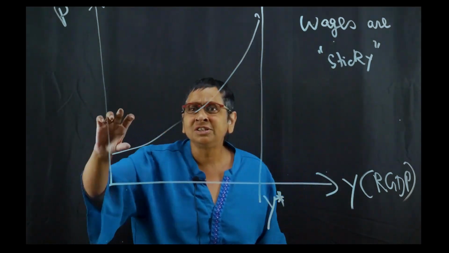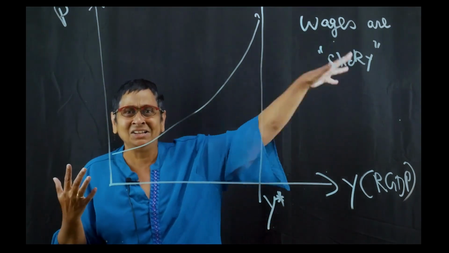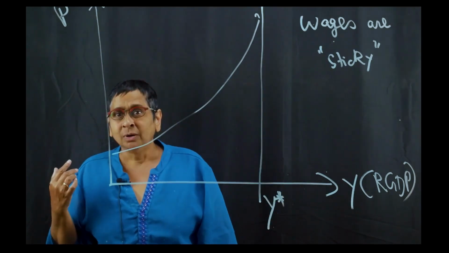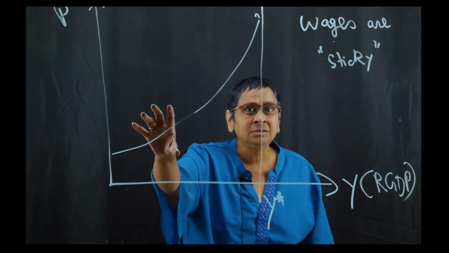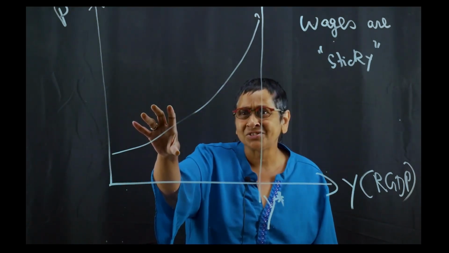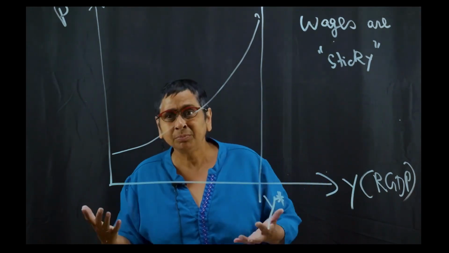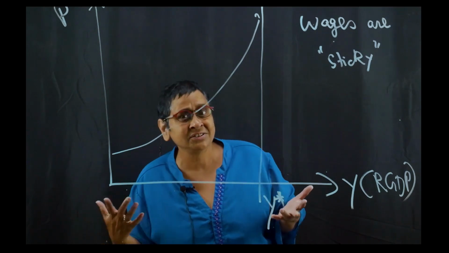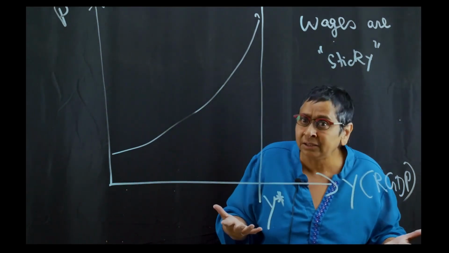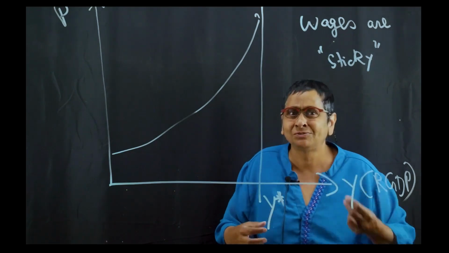So part of what we've got in mind here in terms of output response is a vision of different phases or stages in your cycle of booms and busts, where when output is low, that means lots of people are unemployed, and wages are not going to rise as fast. So in periods of recession, when people are unemployed, mild inflation's actually not a bad thing because it creates an automatic profitability edge for the firms.